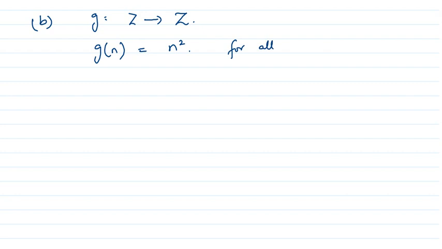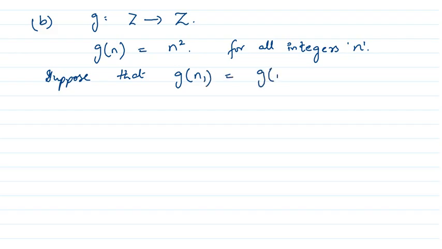Now, starting with the same assumption, we are going to assume that g of n1 is equal to g of n2. What we have to show is that by this supposition, finally n1 is equal to n2. So g of n1 is going to be n1 square.